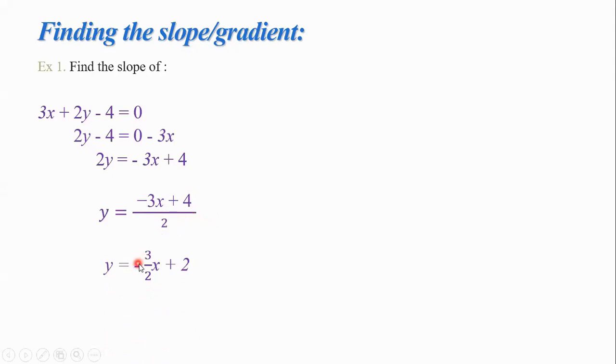So I'm going to have negative 3 divided by 2 x plus 4 divided by 2, which gives me 2. And so now I have something in the form y equals mx plus b, and I can identify my slope, which is m equals negative 3 divided by 2.